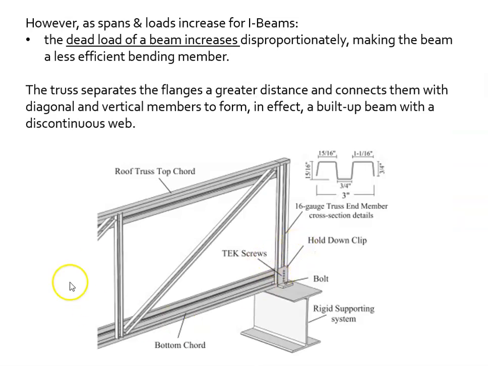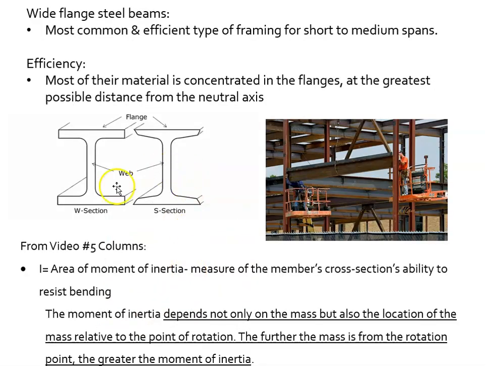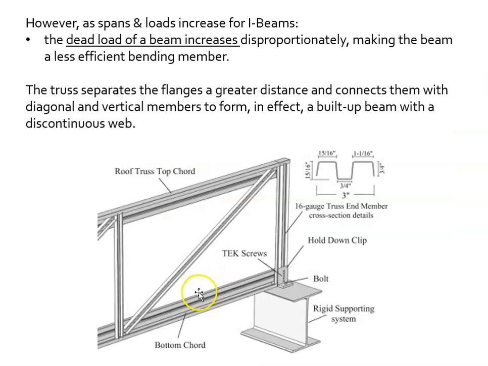So conceptually, we could just think of a truss as a built-up steel beam, and we've pushed those top and bottom chords as far apart as possible for greater stability, and have a discontinuous and very lightweight web. All right, very lightweight web. The amount of material in here is very, very little when compared to an I-beam, and that's what gives them their great efficiency.